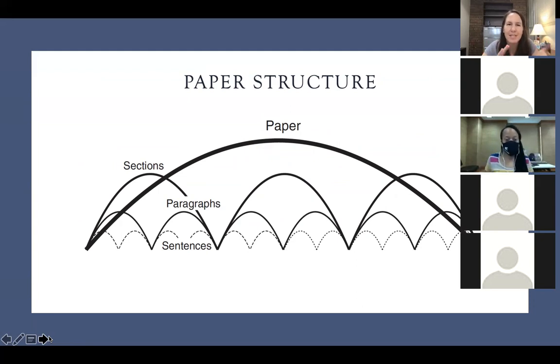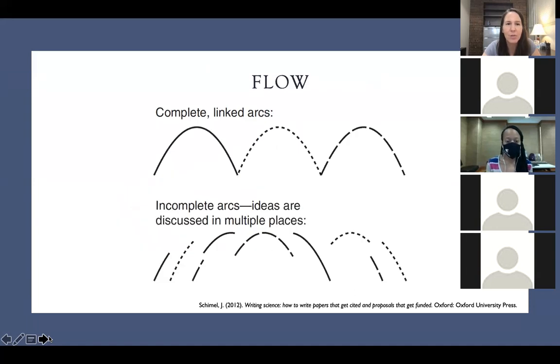You can see this visualization of how a paper works. And we have all these arcs that show the connections between sections, between paragraphs, between sentences. And the potential problem here is if you aren't linking those arcs that should be in your paper.